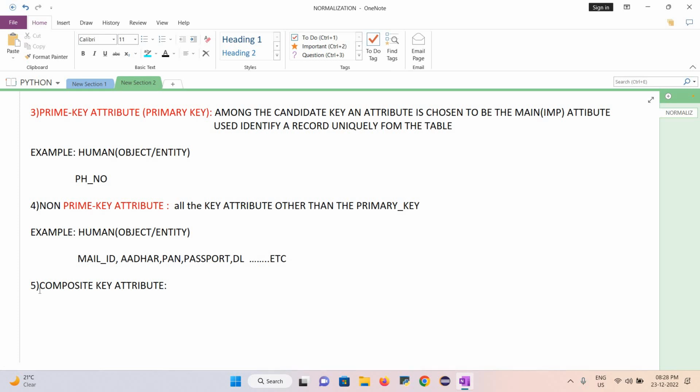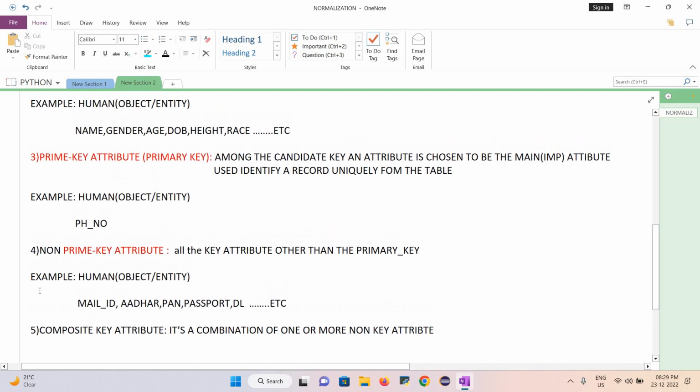I would say it's a combination of one or more non-key attributes. What does a non-key attribute mean?